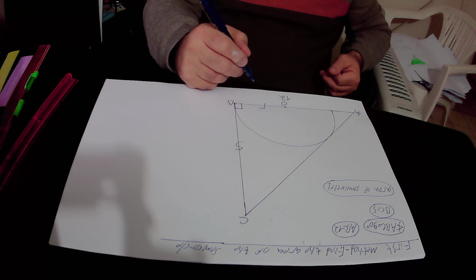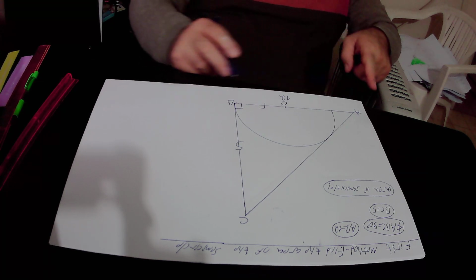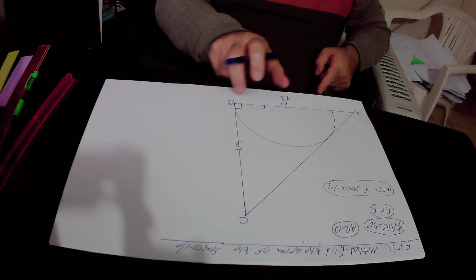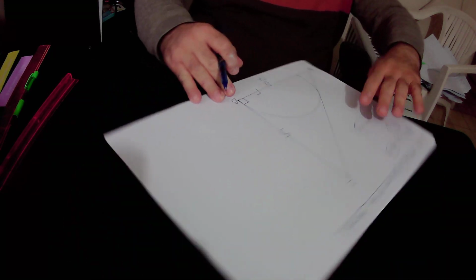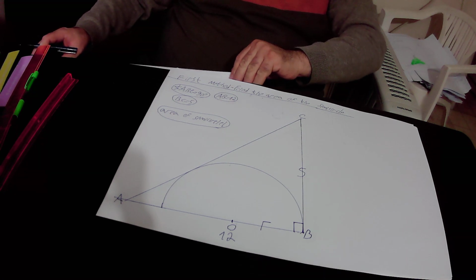and we know that AB minus OB equals AO again. I will write it down.